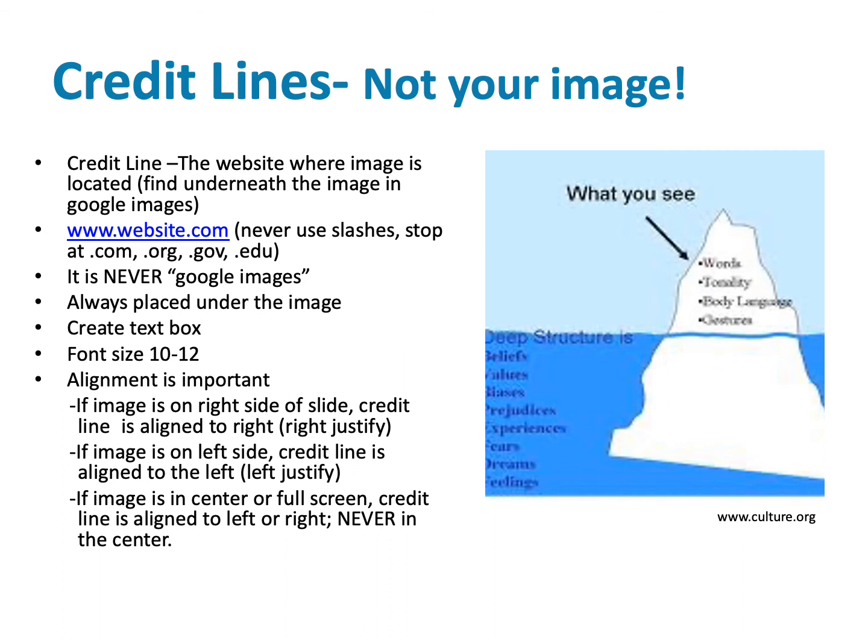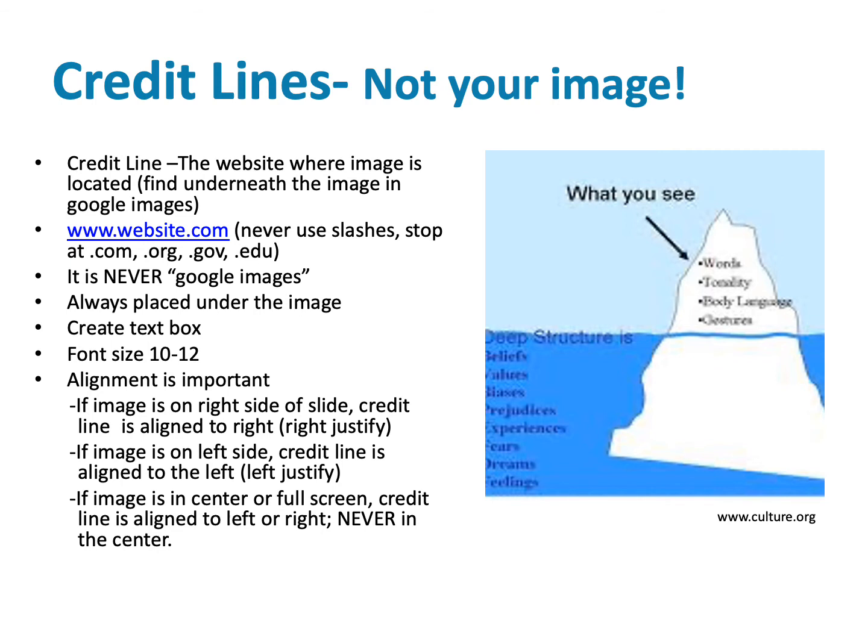If your image is on the right side of the slide, as in this example, this iceberg here is on the right, then I want my credit line to align with the right side of the image. We right justify it. If this image were on the left side of the slide, then I would align my credit line to the left side of the image.